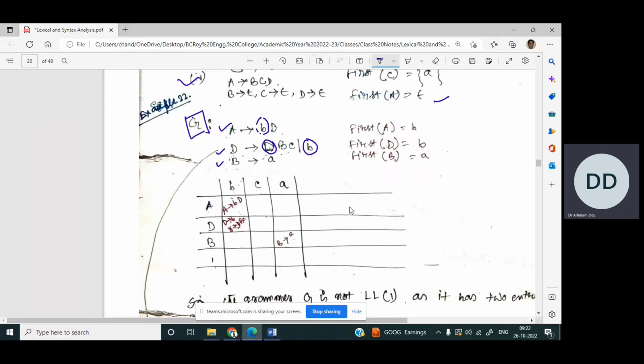But no other options are there except this capital D. Then again, it will generate B. So only B will be there. And first of B will be only small a. So the first of B is a small a, right? Now, the first function I have computed, correct? Now, one thing you can check out here from this given grammar is that the grammar contains the left recursion part.